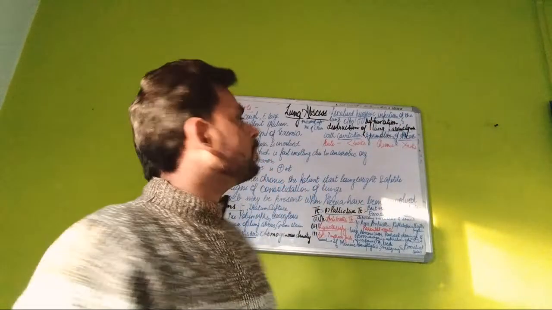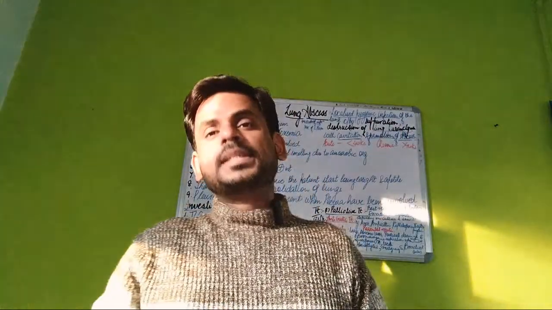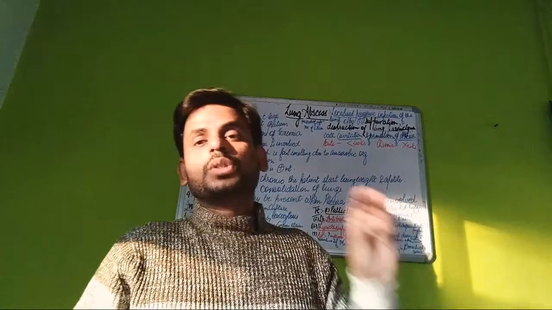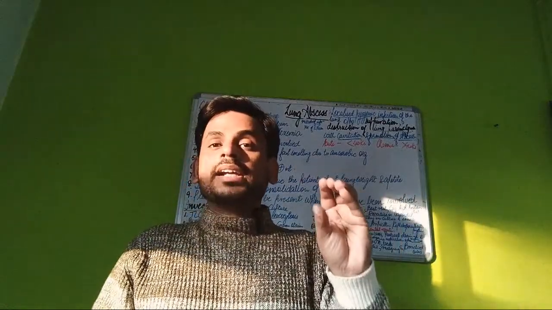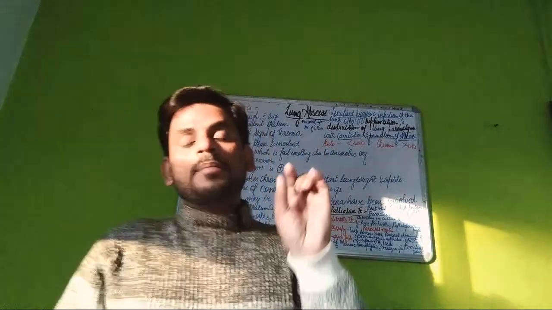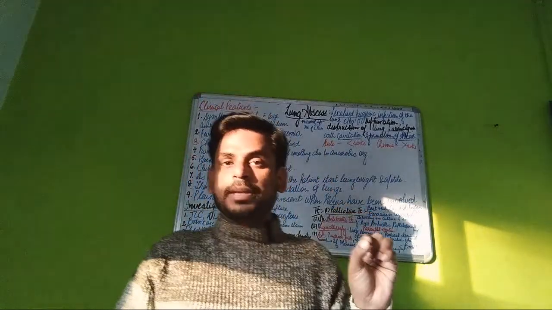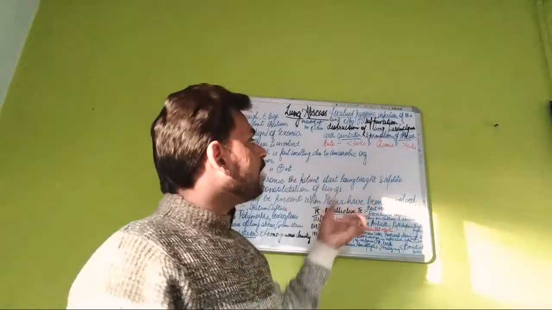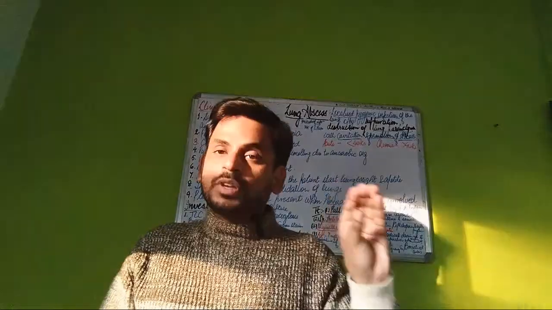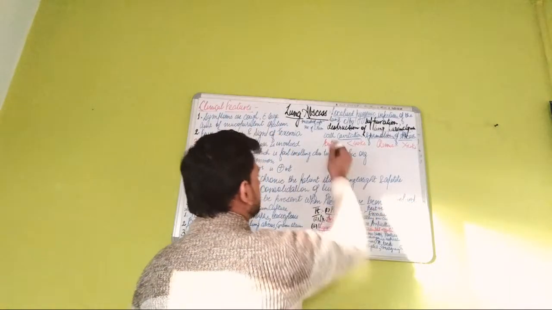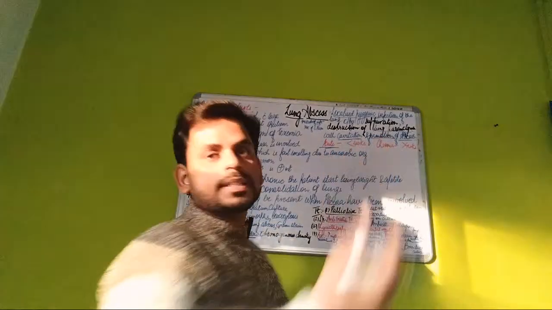Viewers, do remember that lung abscess is a microbial infection characterized by liquefactive necrosis of the lung parenchyma, with accumulation of pyogenic material and formation of cavitation, and ultimately it forms an abscess.